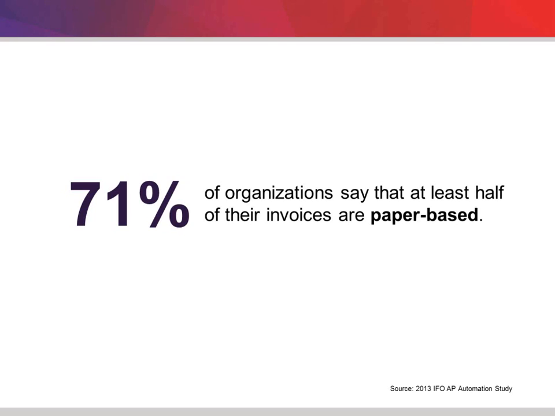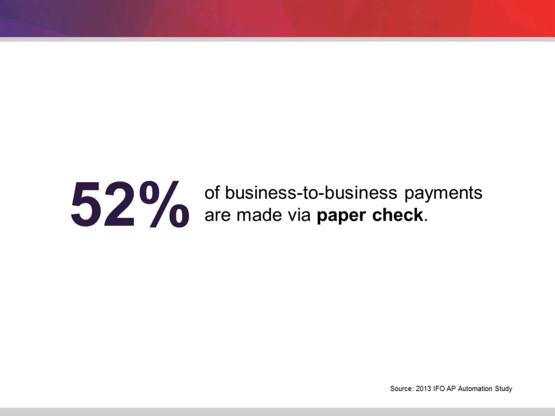So you can see where these costs start piling up. Even more troubling to me is that 13% of the respondents to IFO's study this year say it still costs their organization more than $10 to process a single paper invoice. And I bet if you drilled down into that data more, you'd find that the numbers are probably higher depending on how organizations allocate their costs.